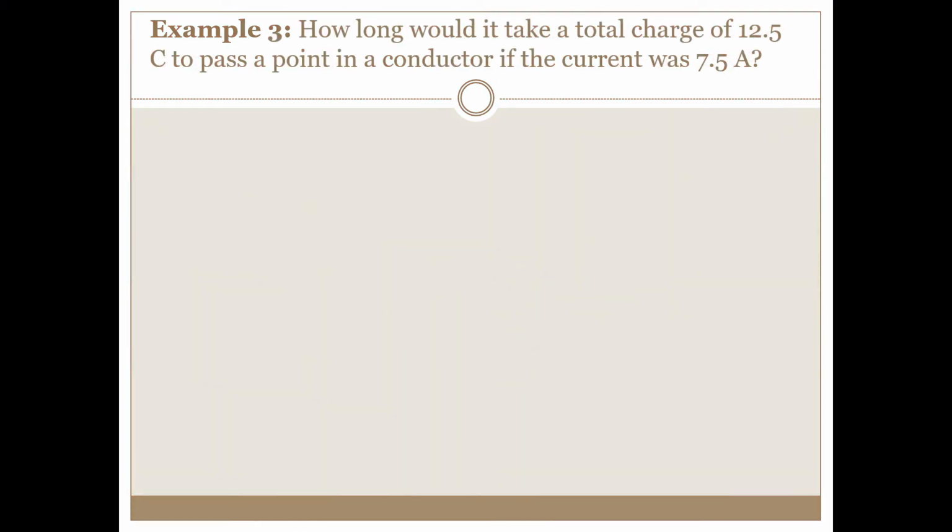All right, example 3. How long would it take a total charge of 12.5 coulombs to pass a point in a conductor if the current was 7.5 amps? This one's worded slightly differently. We want to figure out the amount of time. Here we're going to use our definition of current: current is charge per time, charge per second, and we want the amount of time it takes for this much charge at this much current.